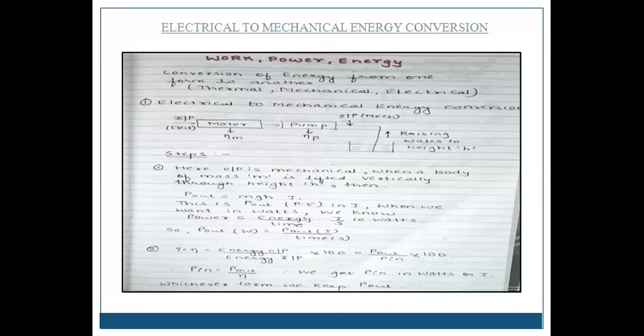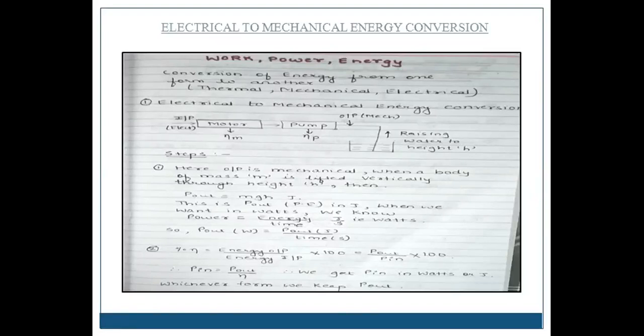Now here in the diagram you can see this is electrical to mechanical energy conversion, where input is electrical, that is given to motor, which drives the pump, which is used to raise water to a certain height h.